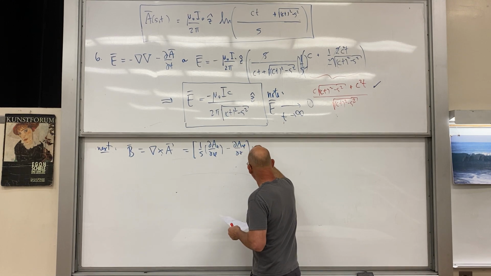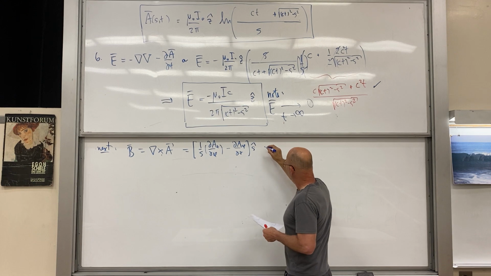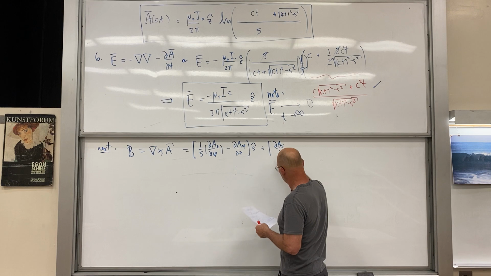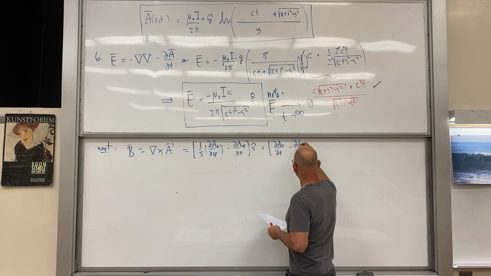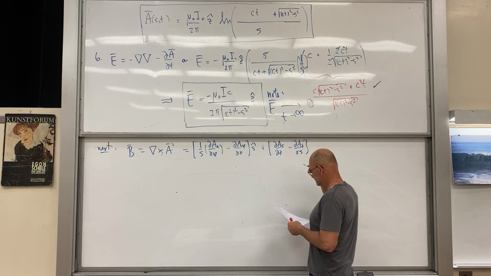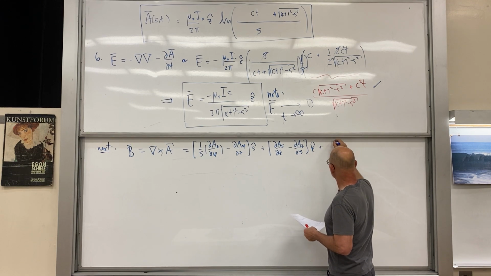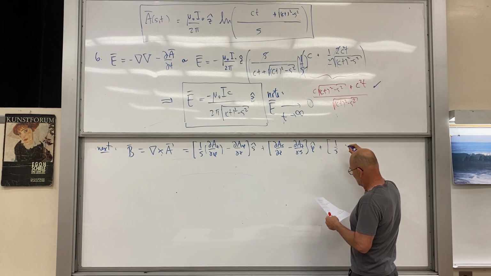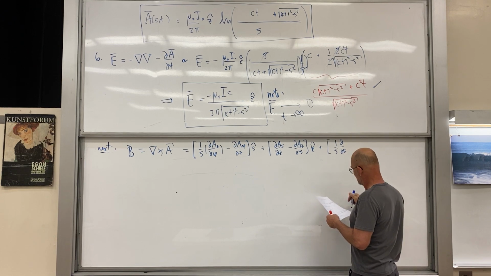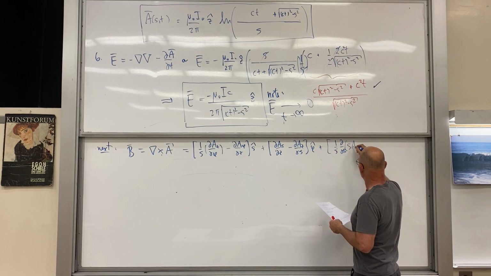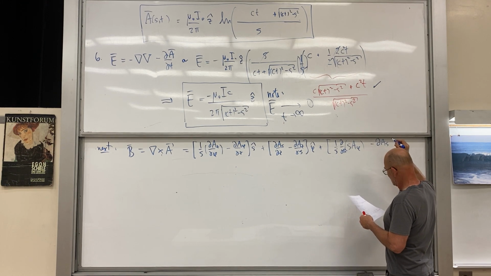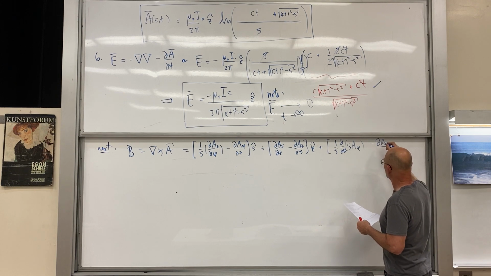So that is our S hat component, and we have dAs dz minus dAz ds is our phi hat, and finally we have 1 over S d ds S A phi minus dAs d phi.